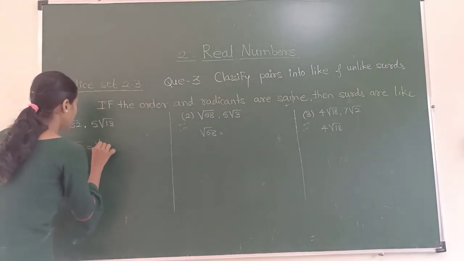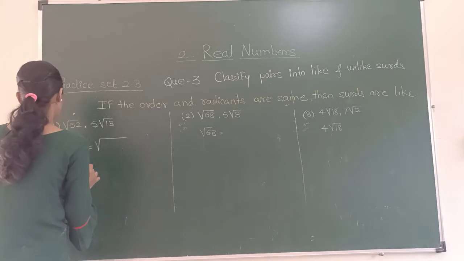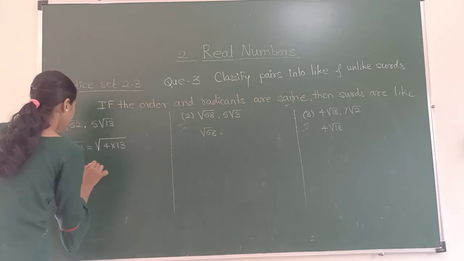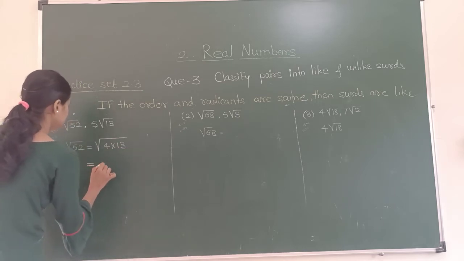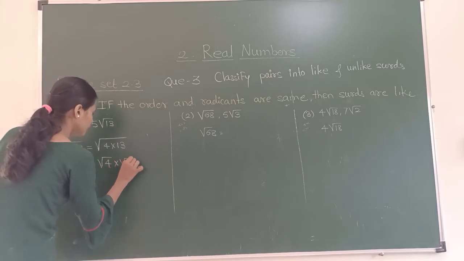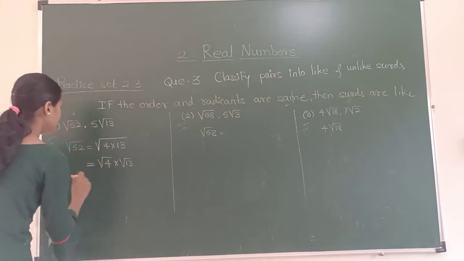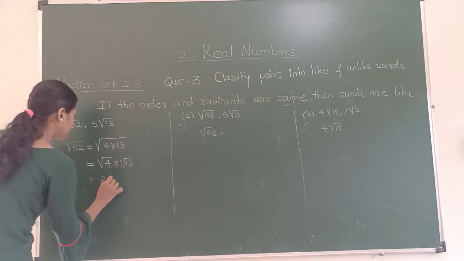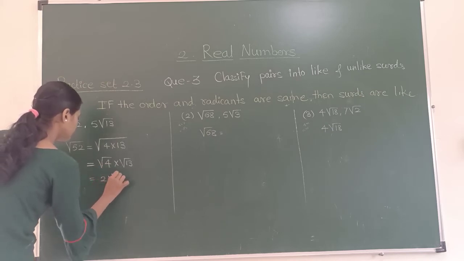Okay, 52 can be further factorized as 4 into 13. You can write it as under root of 4 into under root of 13. If we take 4 outside the root, it will become 2 under root of 13.